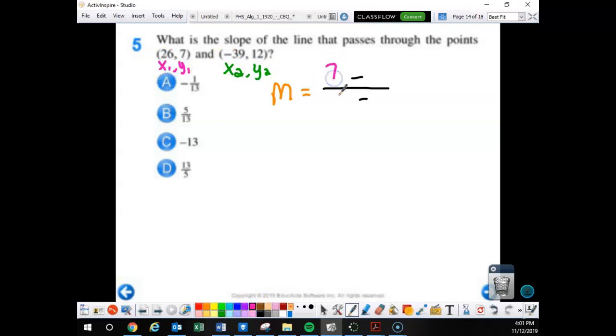So 7, nope. Let's do 12 minus 7 over 39 minus 26. All right, and then go ahead and do that math. And I will be waiting for you, and then go on to the next one.